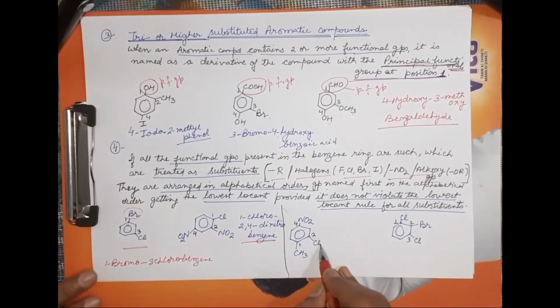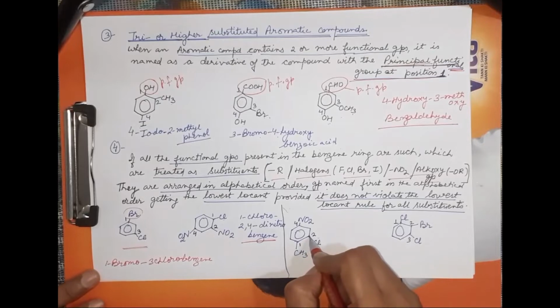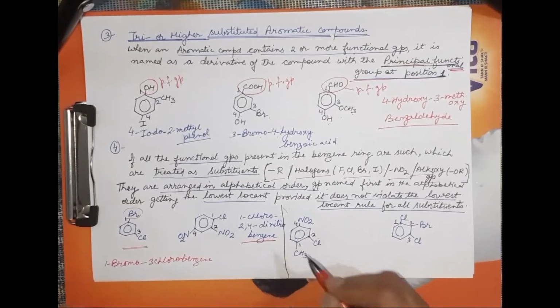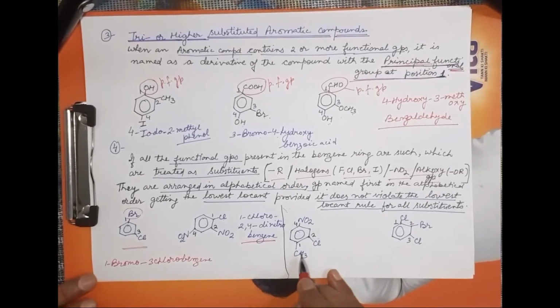But if we give the carbon atom having the chloro group number 1, then doing the numbering from this carbon 1, 2, 3, 4, 5, 6, the other substituents are getting the higher number. So in such cases we have to follow the lowest locant rule, according to which other substituents should also get the lower numbers.